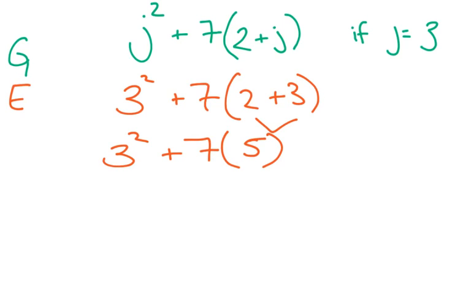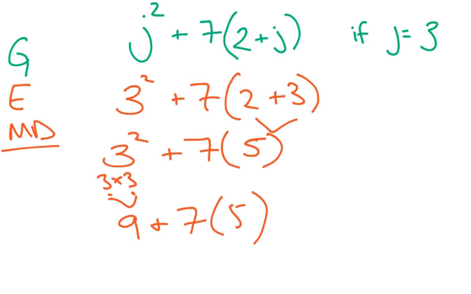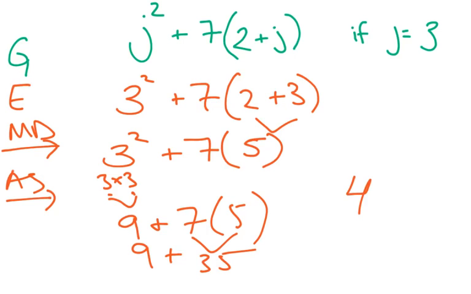Exponents: 3 to the power of 2 means 3 times 3, which is 9, plus 7 times 5. Multiplying and dividing from left to right: 9 plus 35. Adding and subtracting from left to right, 9 plus 35 is going to be 44. One number answer, no math symbols, no variables. Next one.